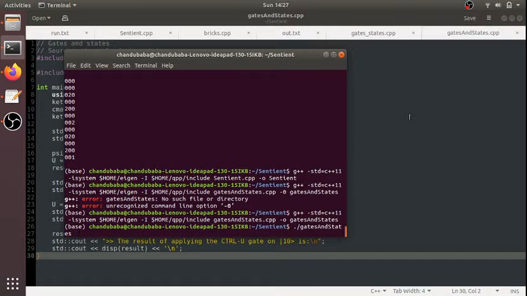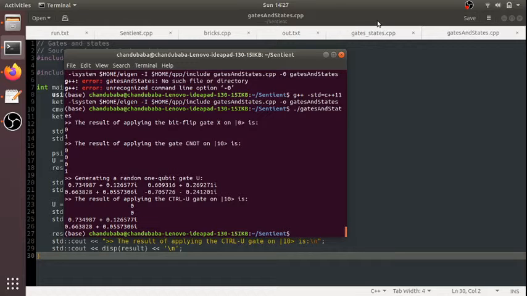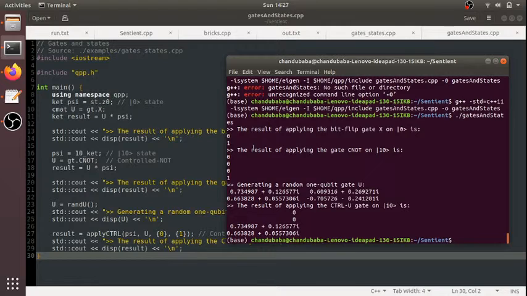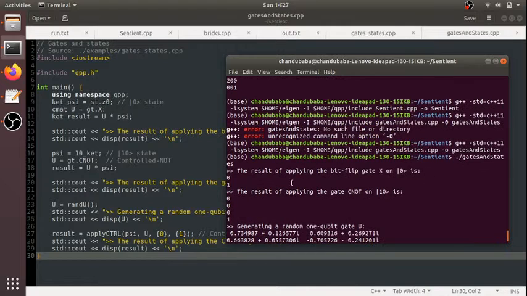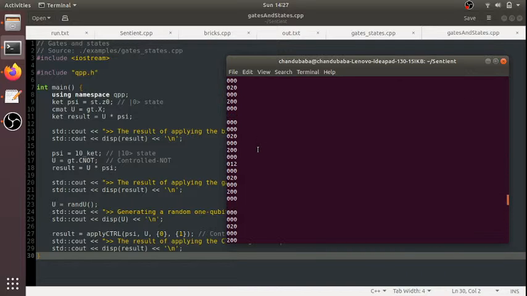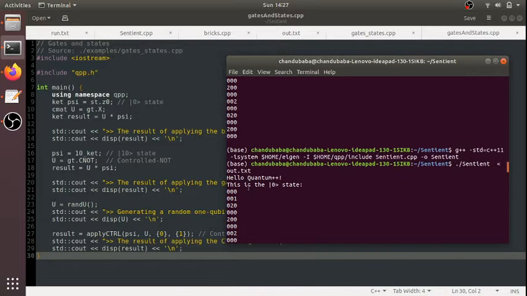Gate. It's in state, the result of applying the bit flip gate X on 0 state. So it flipped. It flipped from 10 to 01 or what? Zeros. Okay.